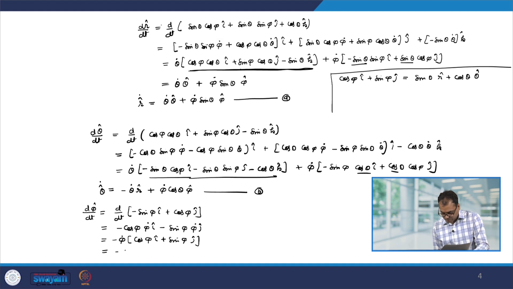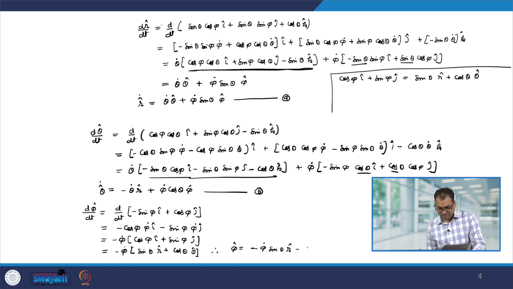Therefore, this becomes minus phi dot sin theta r cap plus cos theta theta cap. Therefore, phi cap dot becomes minus phi dot sin theta r cap minus phi dot cos theta theta cap. Let us call it equation number C.